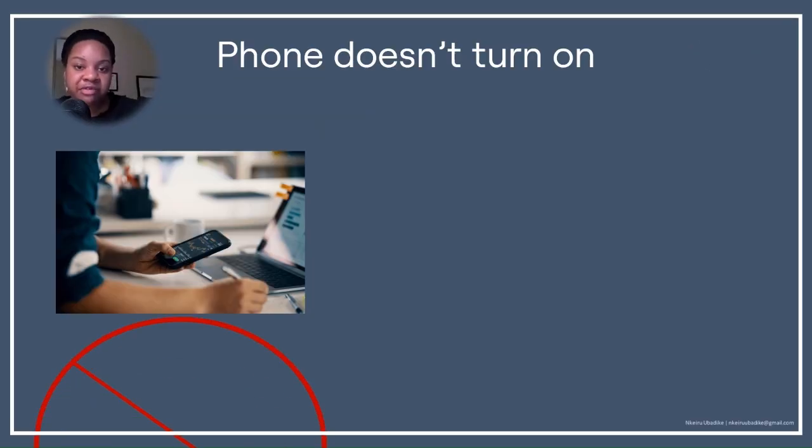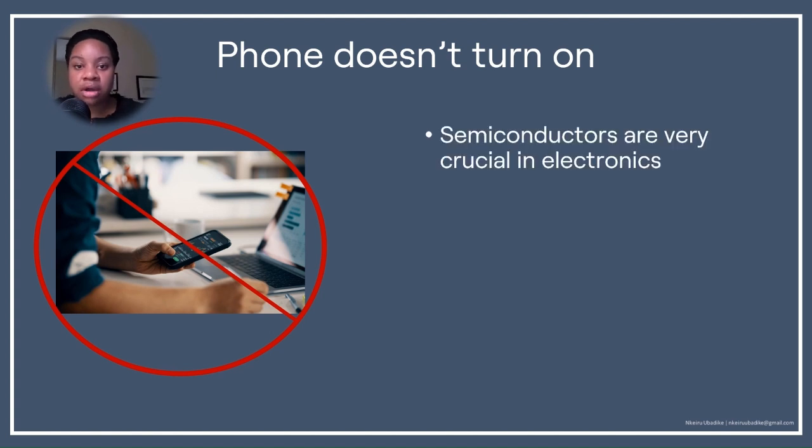The chips which can be found in your phone and in many other electronics for that fact can be considered as the brain. And these chips are made out of semiconductors. Now there are many steps involved in creating these chips, but one of the most crucial steps involves the use of a particle accelerator.